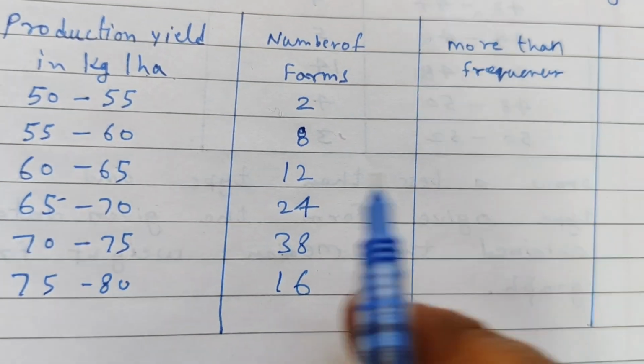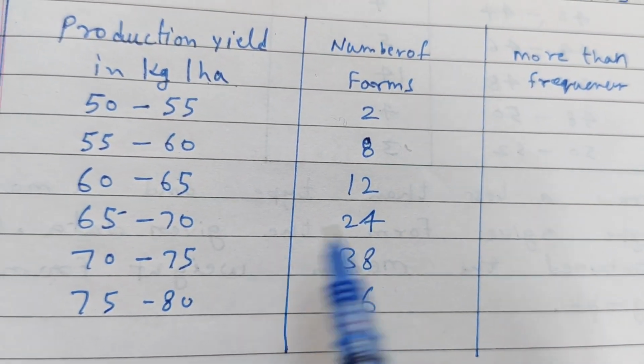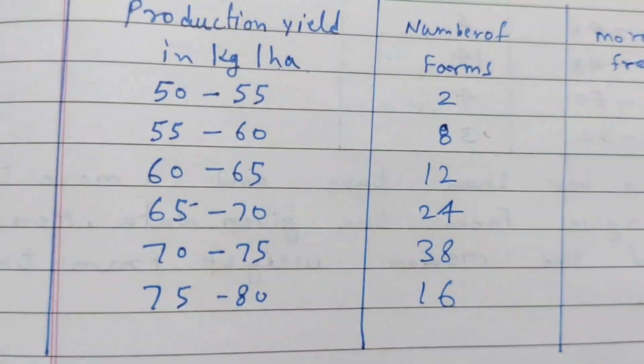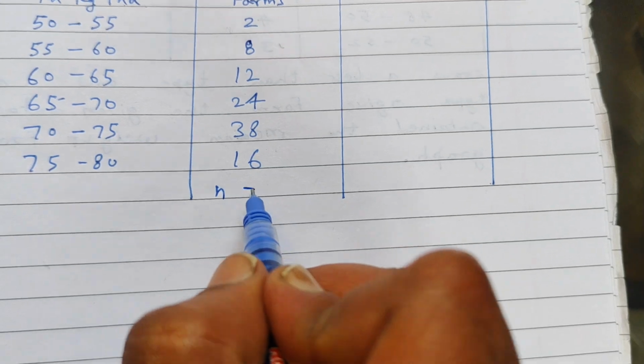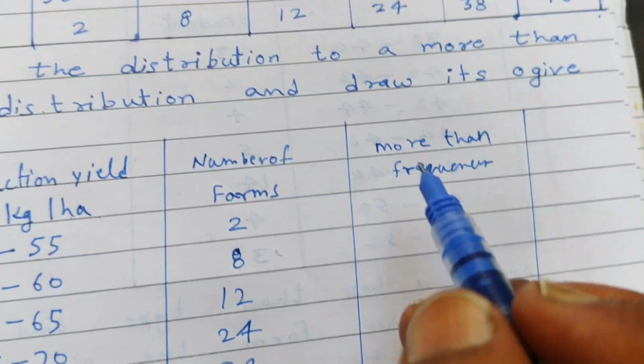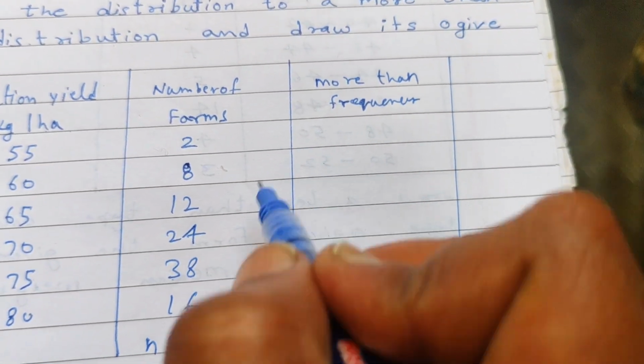So here more than, n is 100. This is the more than frequency type.